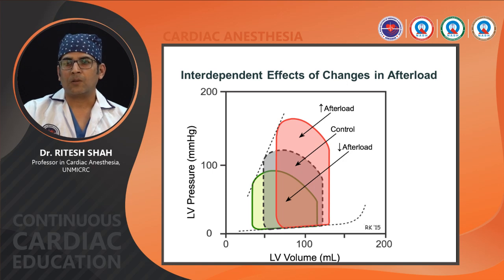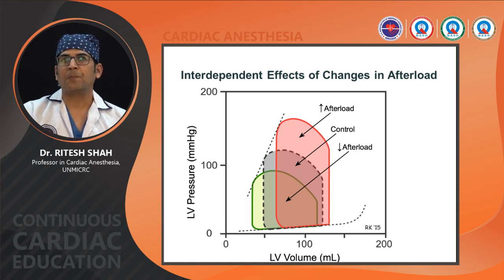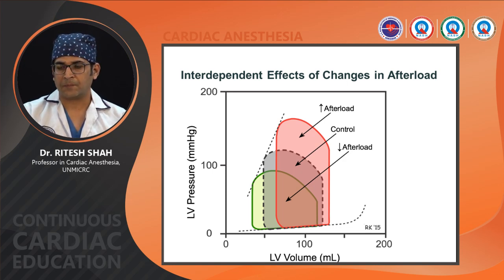Because of this, what we call preload reserve, the heart tries to maintain stroke volume in the normal range. But in a failing heart, increasing the afterload does not increase the preload, because the heart is in the steep part of the end diastolic pressure volume relationship, and stroke volume gets reduced markedly.